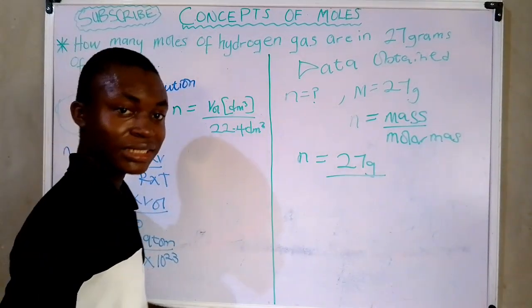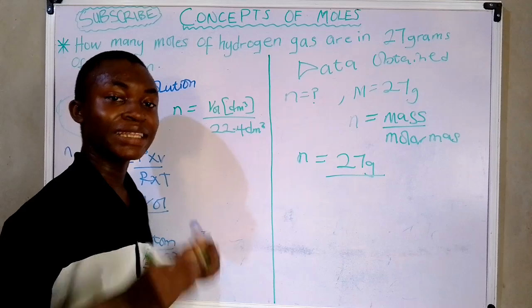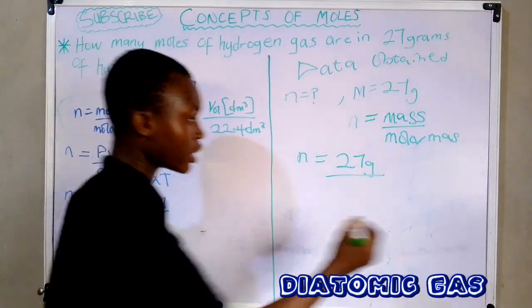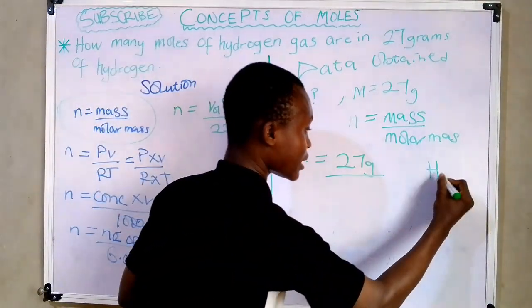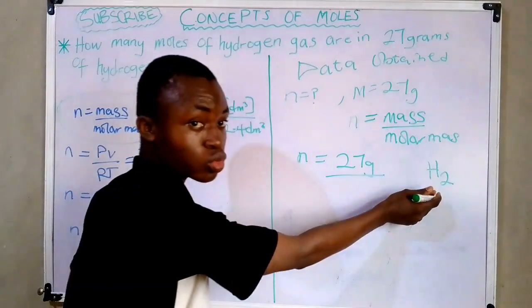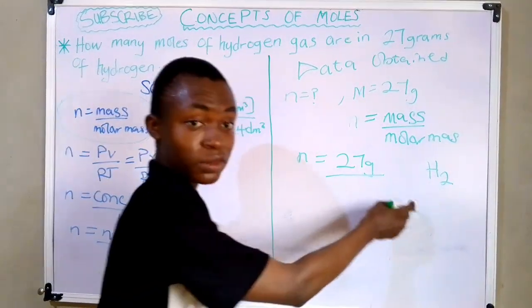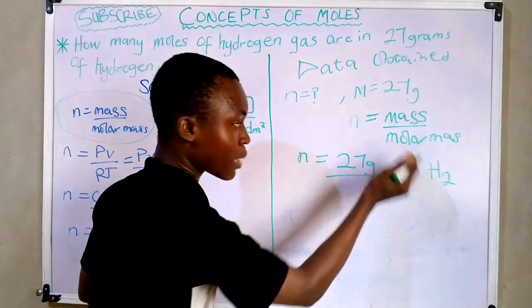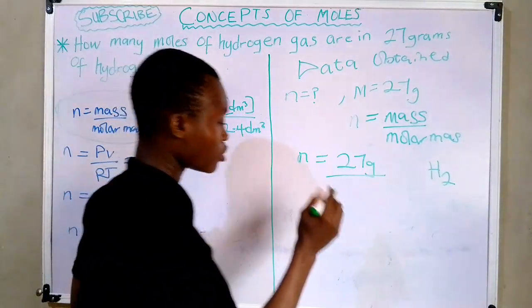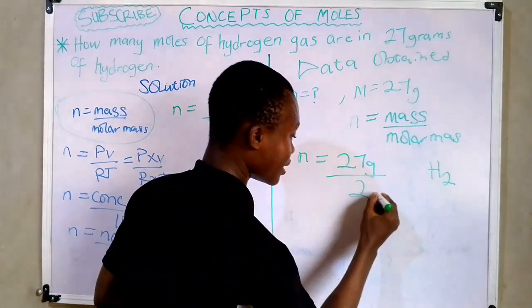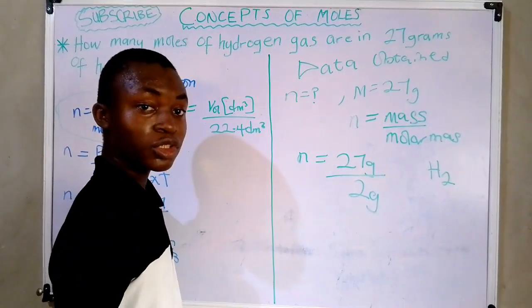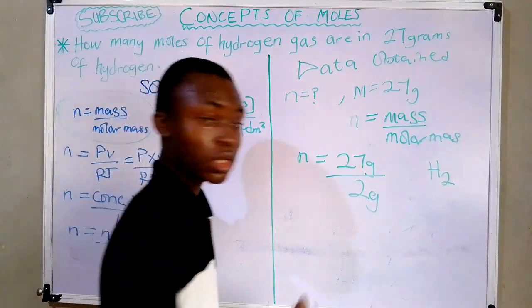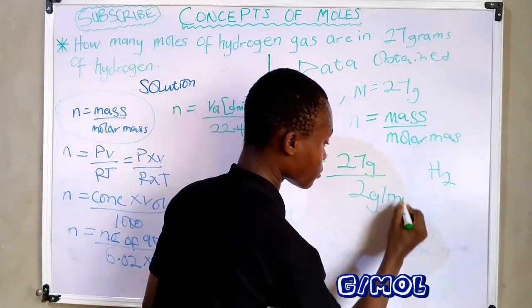It should be noted that hydrogen gas is a diatomic gas, represented with H2. The subscript of hydrogen gas is simply 2. This is the molar mass of hydrogen, over 2 grams per mole. The unit of molar mass is grams per mole.